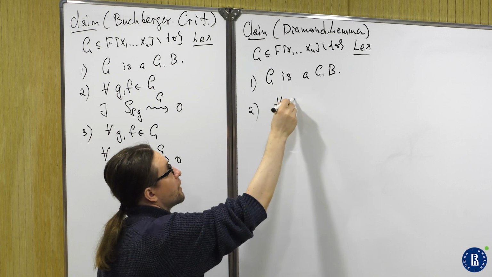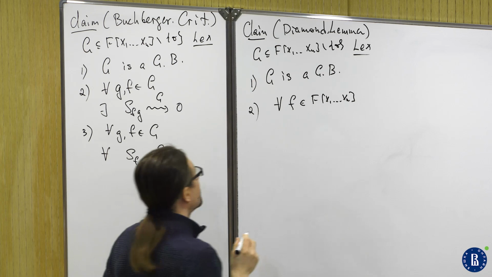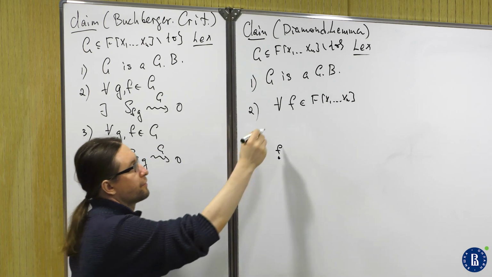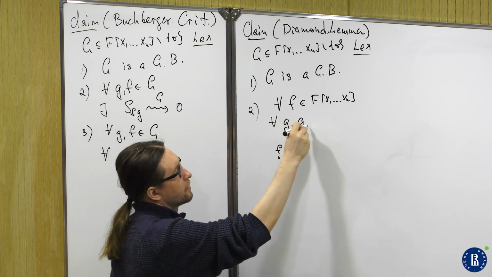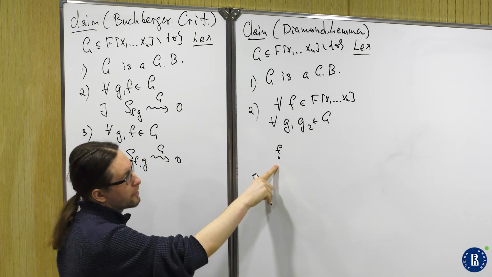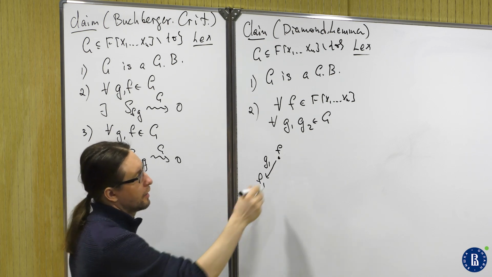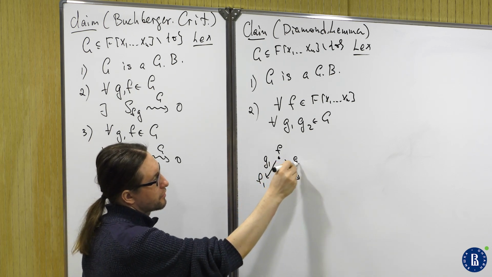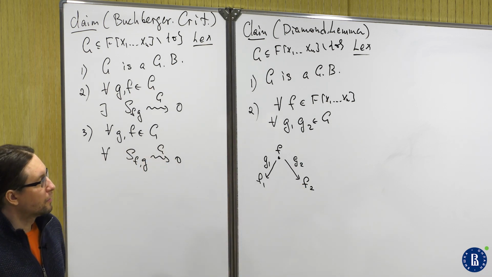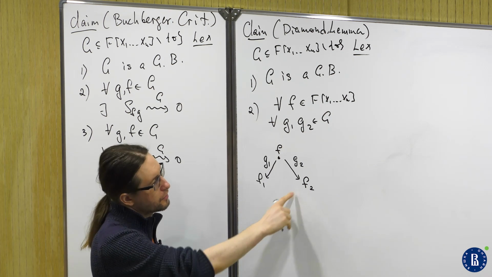For every polynomial f, and for every two polynomials g1 and g2 from G capital, we may consider a reduction of f with respect to g1 and get f1, and a reduction of f with respect to g2, this will lead to f2, then there must exist a way to reduce these two polynomials to the same one.